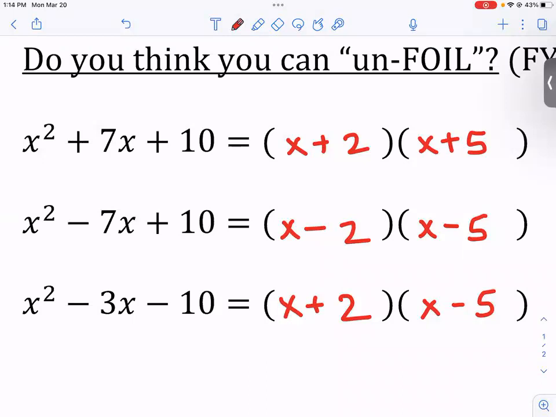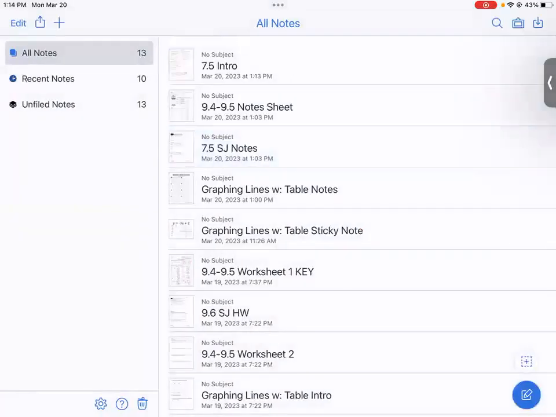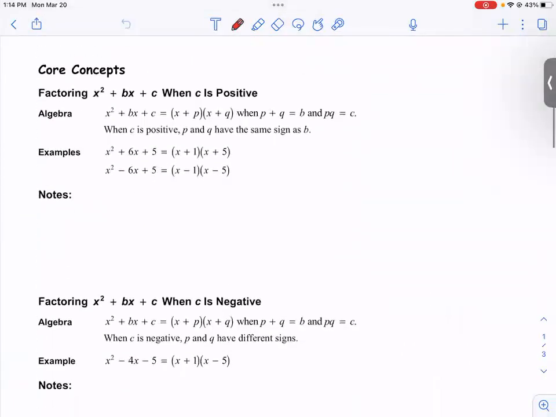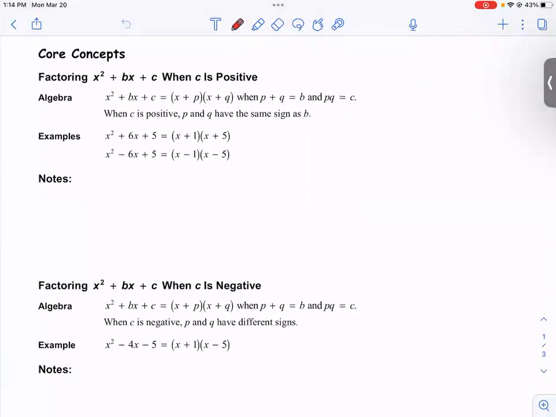What I'm going to have you do, keep that out because this might be helpful. I want you to turn in your student journals to page 226. I know you're not.